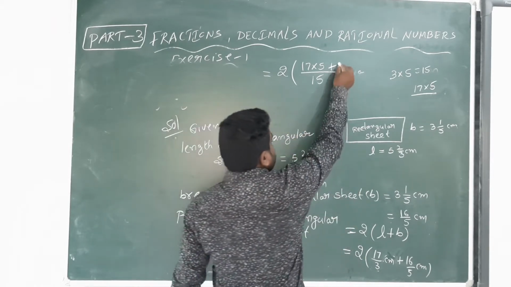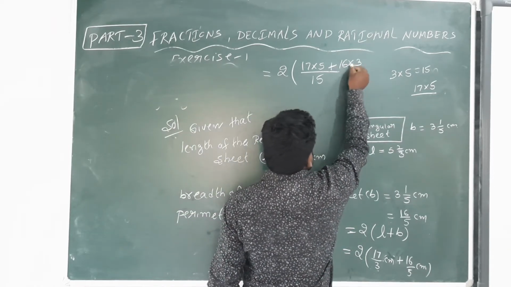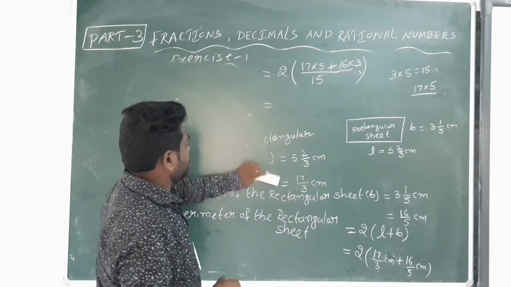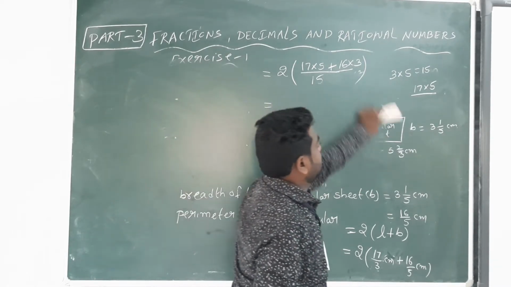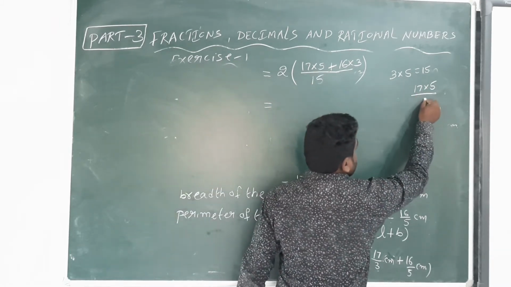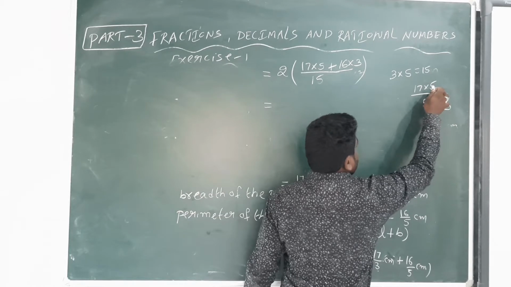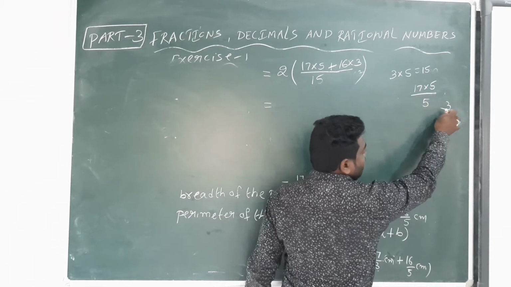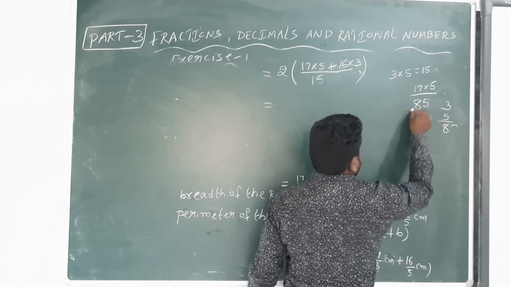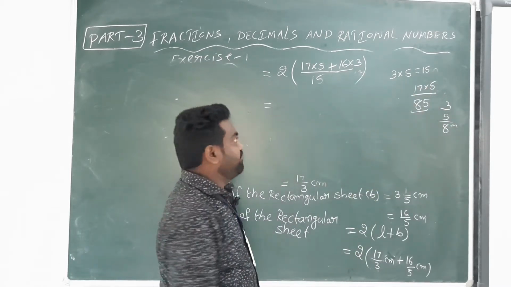Now 16 into 3. 17 5s: 7 5s are 35, 1 5 is 5, 5 plus 3 is 8. So 17 5s are 85.